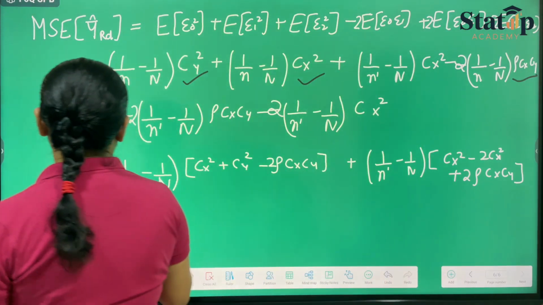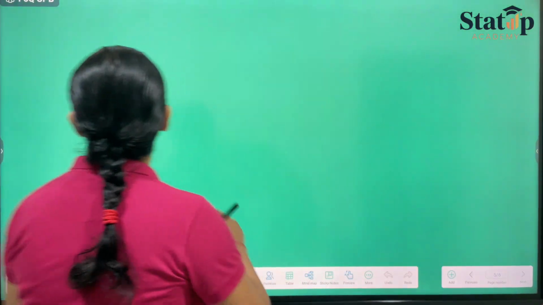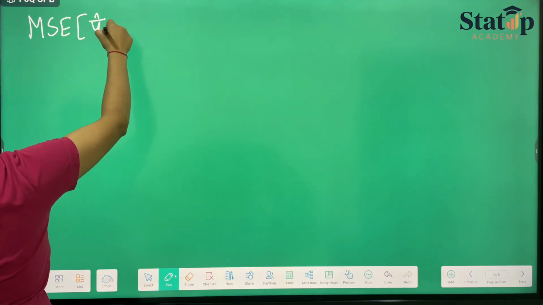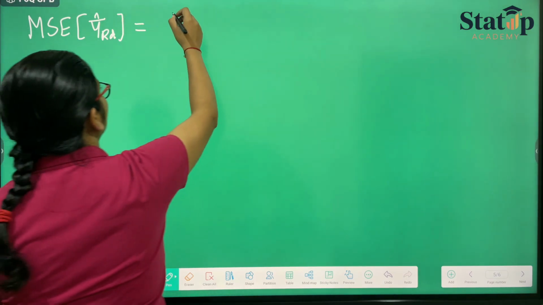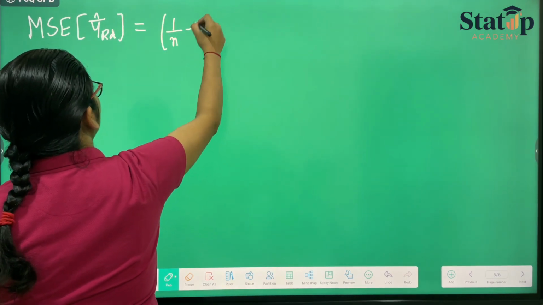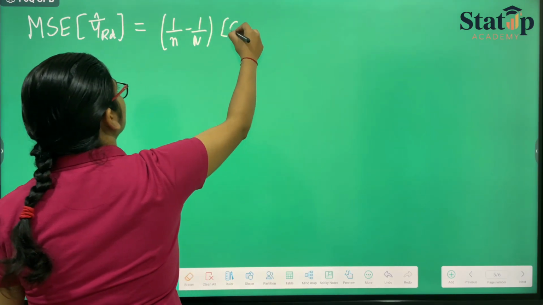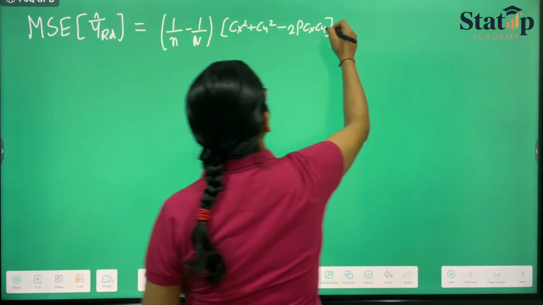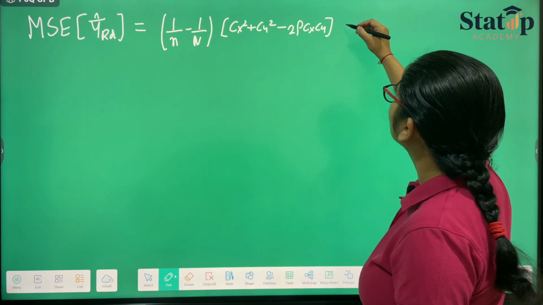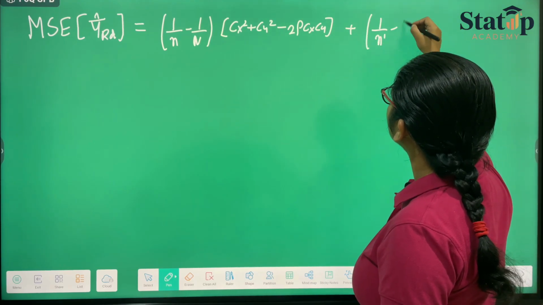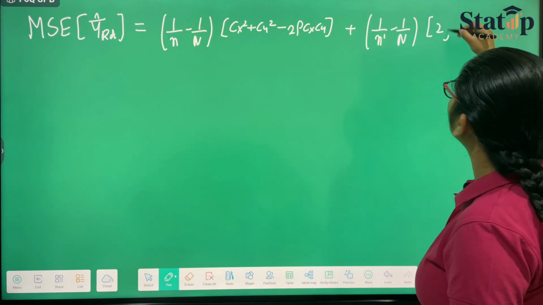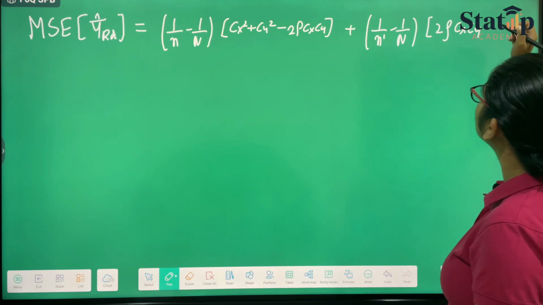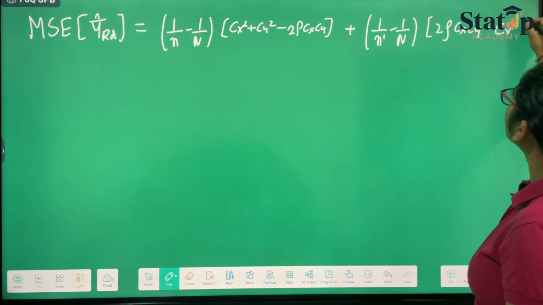Cx square minus 2 is... The MSE of the ratio estimator in double sampling would be 1 upon n minus 1 upon capital N, Cx square plus Cy square minus 2 rho Cx Cy, and this would be plus 1 upon n prime minus 1 upon capital N, 2 rho Cx Cy minus Cx square.